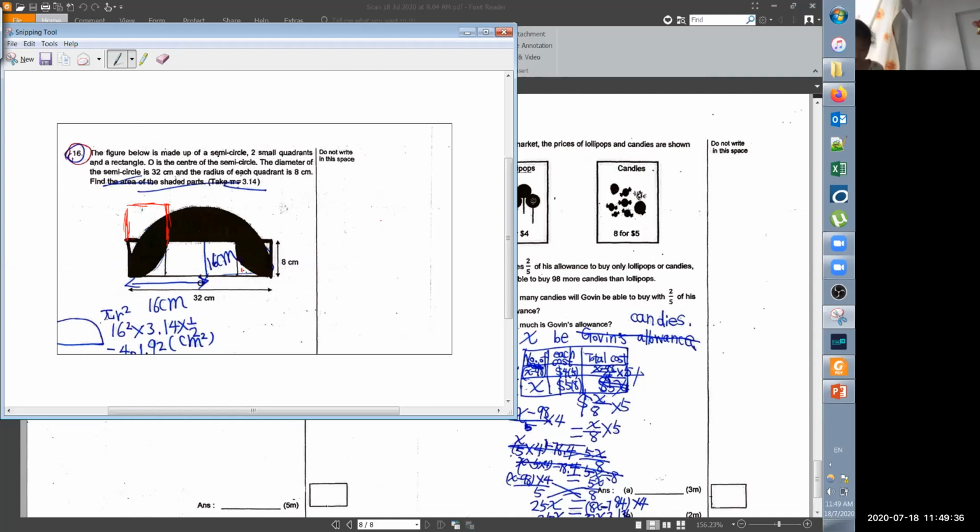This is a semicircle, 2 here, and then 2 small quadrants. This is a quadrant.